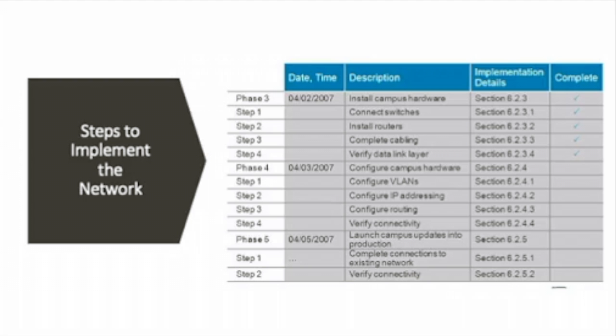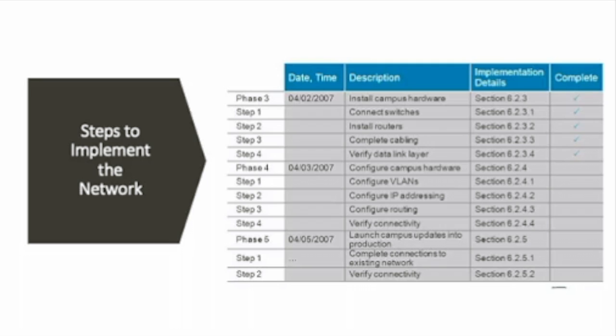So what steps will I follow to implement the network? Here's an example of the network implementation plan. First of all, I will install all the hardware in the office like the switches, routers, IP phones, printers, PCs, and complete the cabling between each of the devices and the server room.